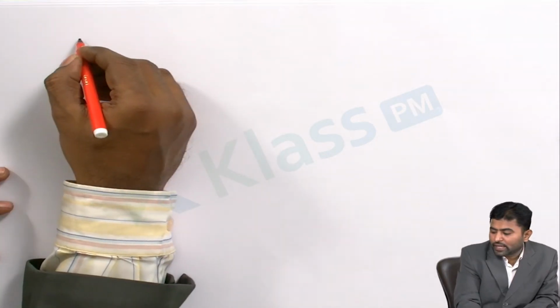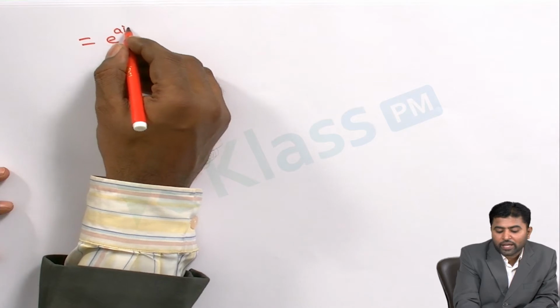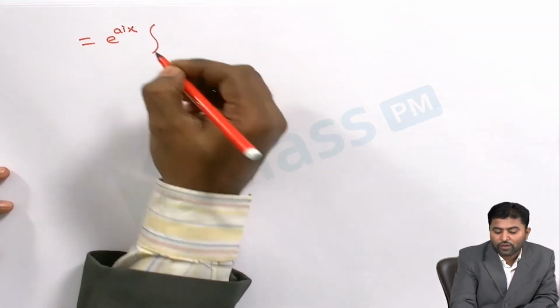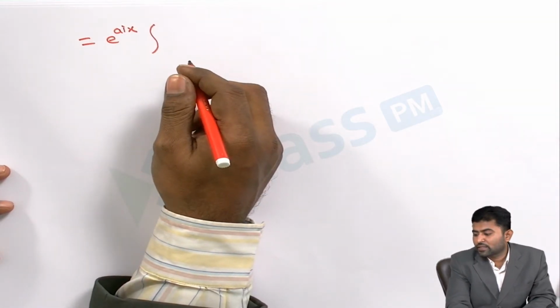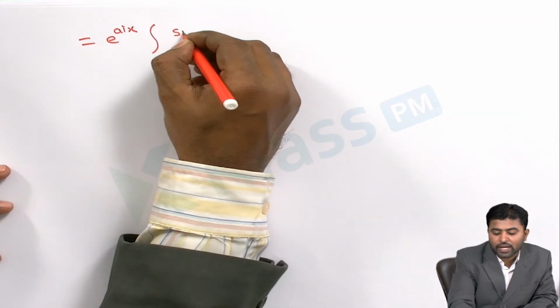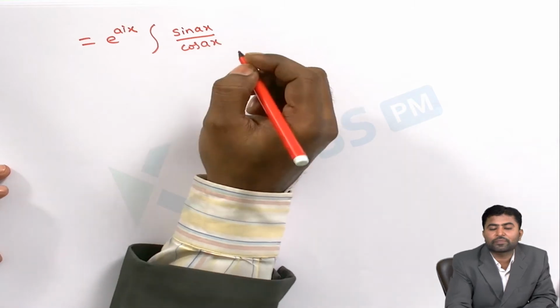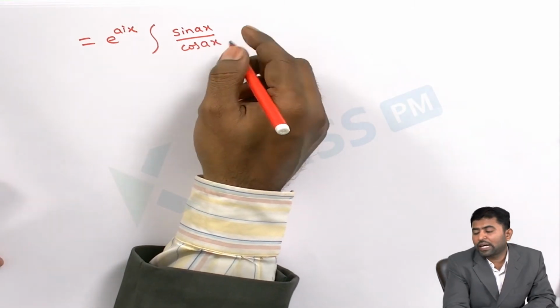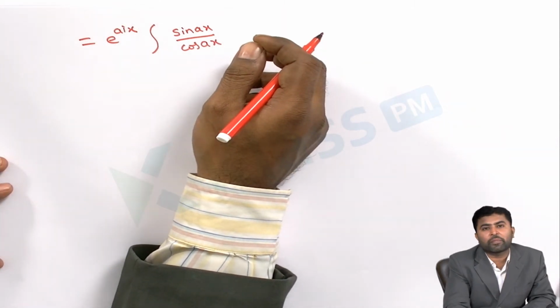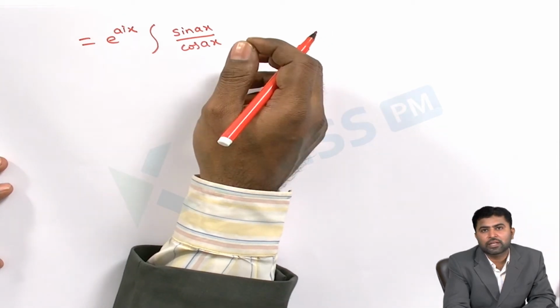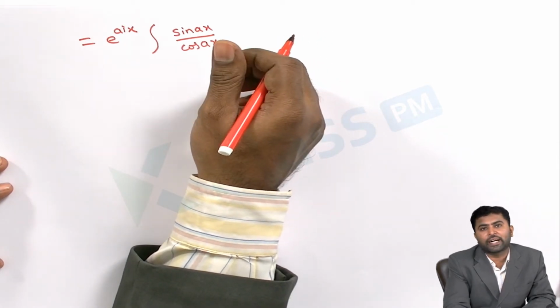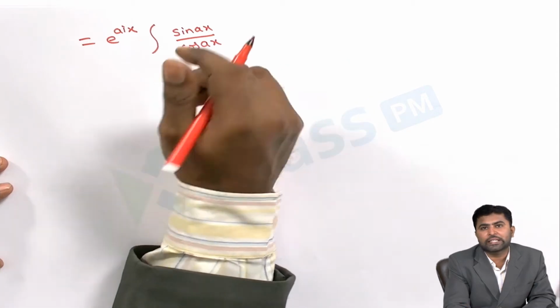Then this I can write as e power aix integration of tan ax. Tan ax I can write as sin ax by cos ax. If you observe, I have the other term as e power minus iax. We know that e power i theta is cos theta plus i sin theta.